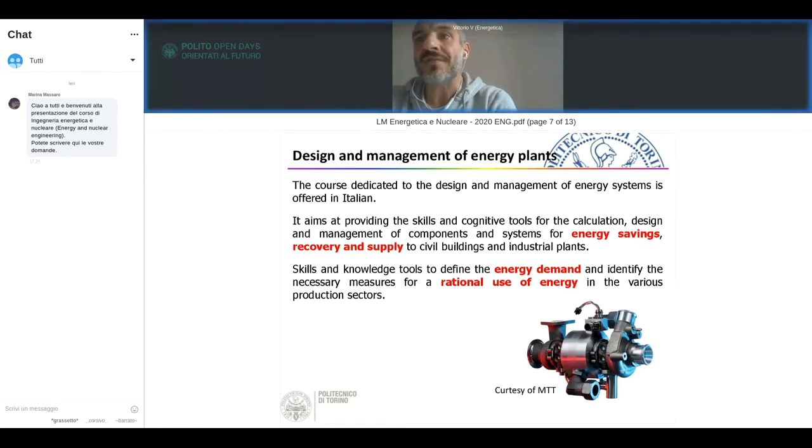A specific analysis is also focused on the prediction of the energy demand and how to cover it, and the rational use of energy, both at industrial or let's say building level.